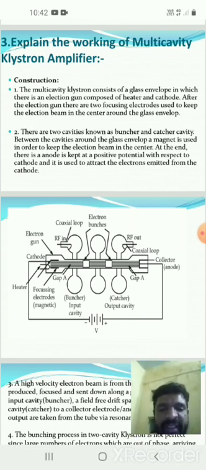Two cavities are used. Between these cavities, in the middle, we use a magnet. This magnet is used to keep the electrons in the center of the glass.